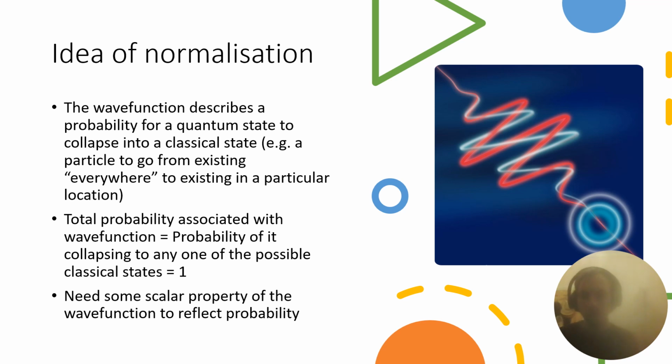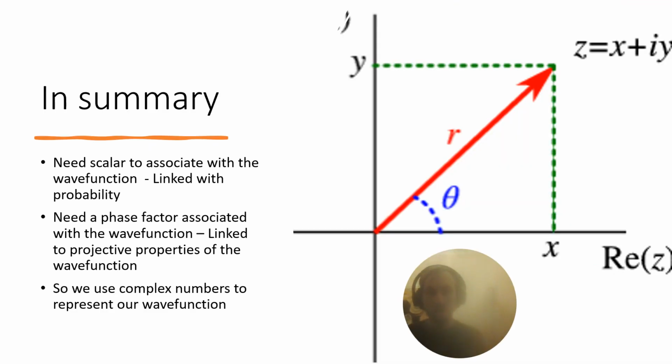So to summarize, we need our wave function to take in numbers which have angles naturally built into them, but also where we can take that number and say something about its size, or something about the output of the function that we put that number into, at least the size of the output.